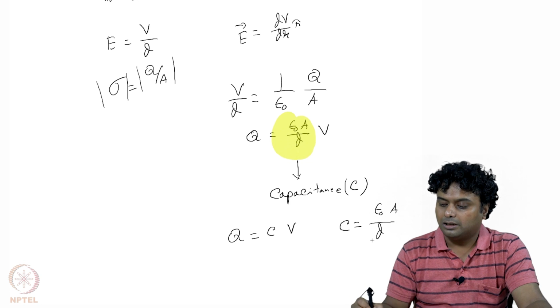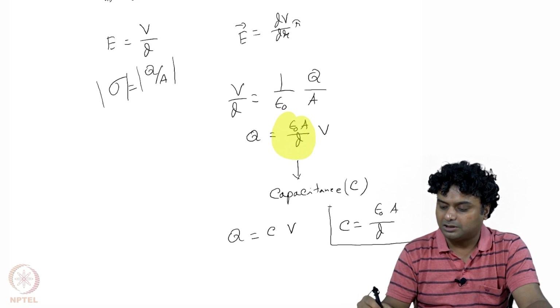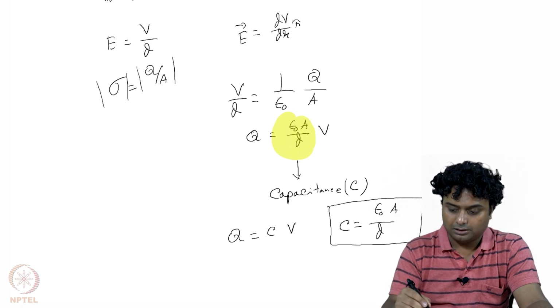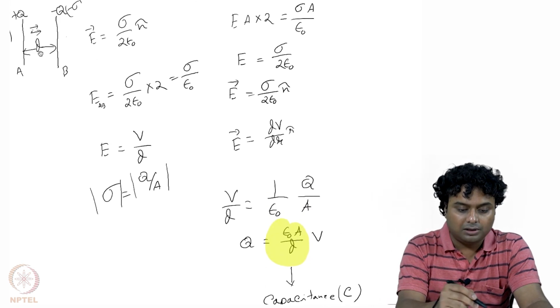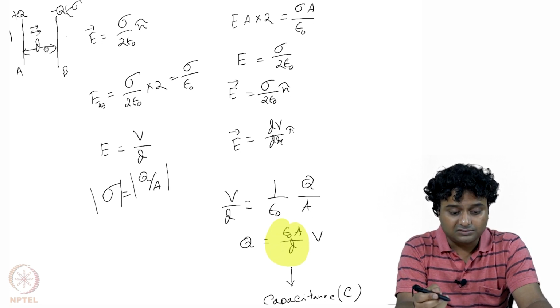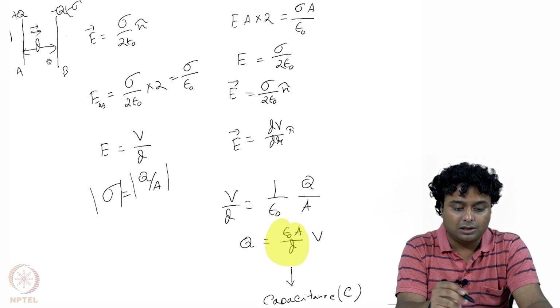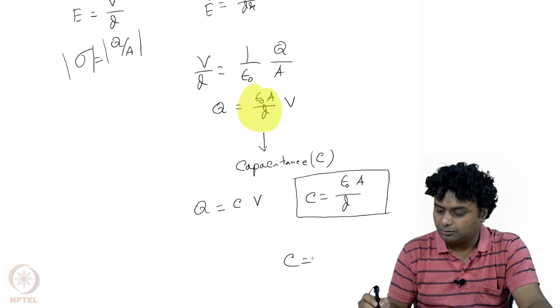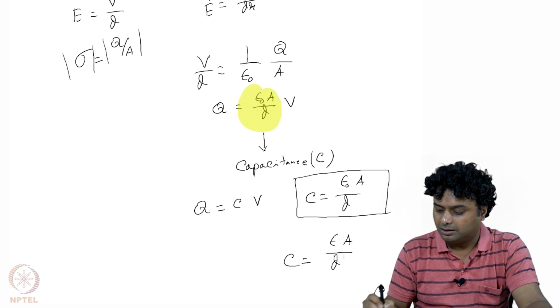So this is the expression for the parallel plate capacitor. And if we have any dielectric material in between the parallel plates, of some dielectric constant epsilon, then this expression will come as C equals epsilon A by d, okay.